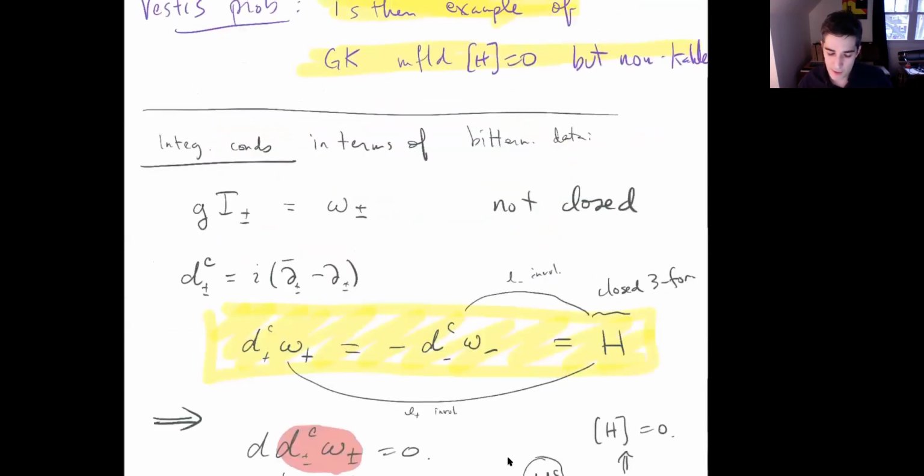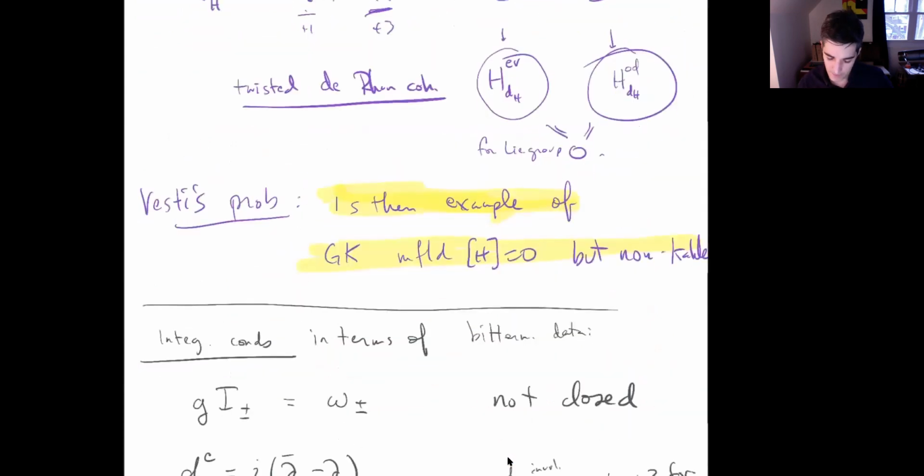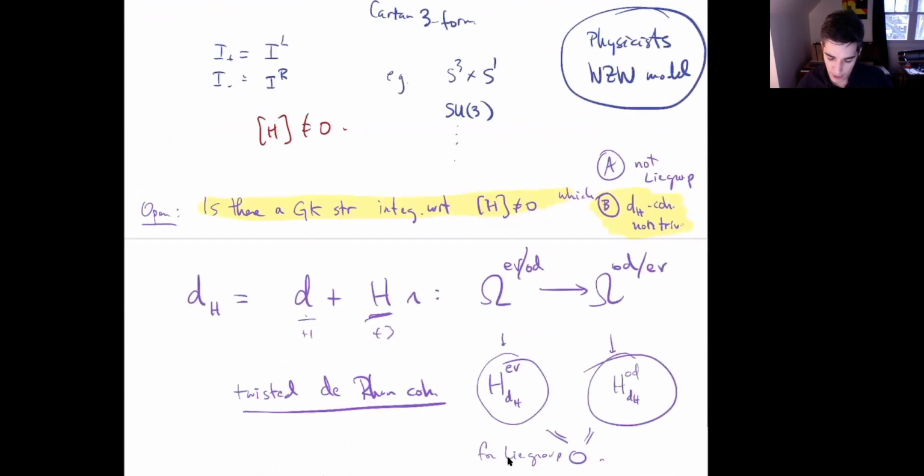So that means that these examples that I'm asking for, where H is non-zero, would be non-algebraic, non-Moishezon, non-cohomologically Kähler, however you want to say it. They cannot have the homotopy type of an algebraic variety.